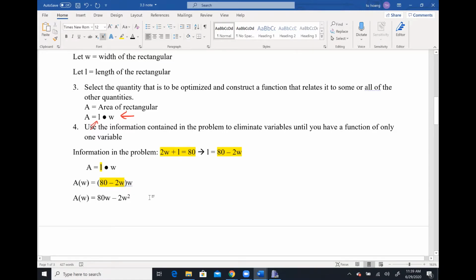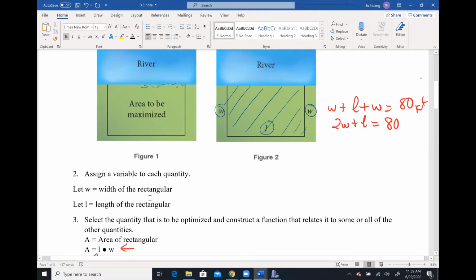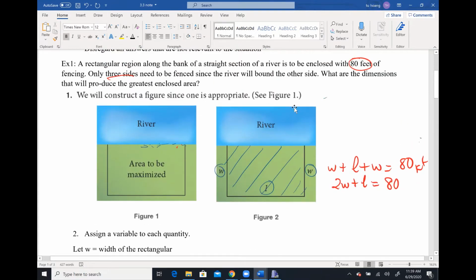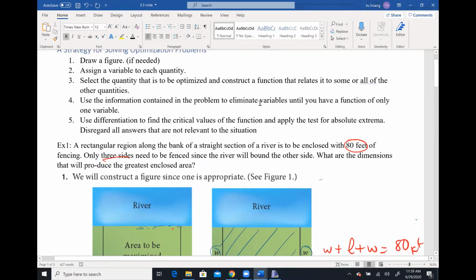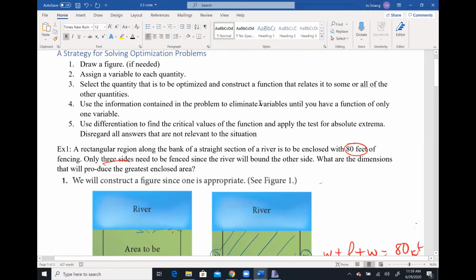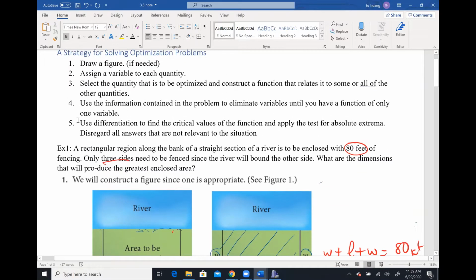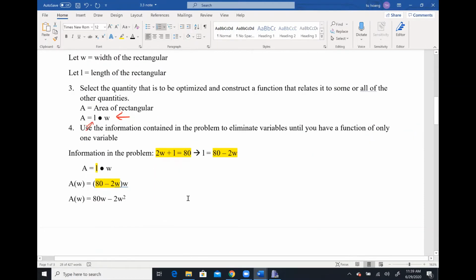So now I have derived the function in terms of only one variable, which is W. And now what I should do is go back to the step strategy here, and I'm gonna copy down step number 5.